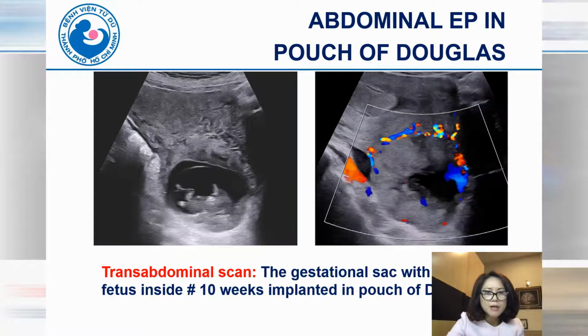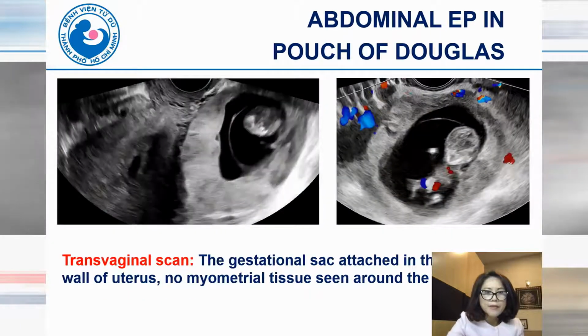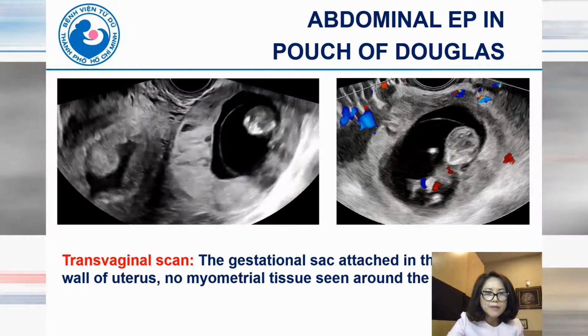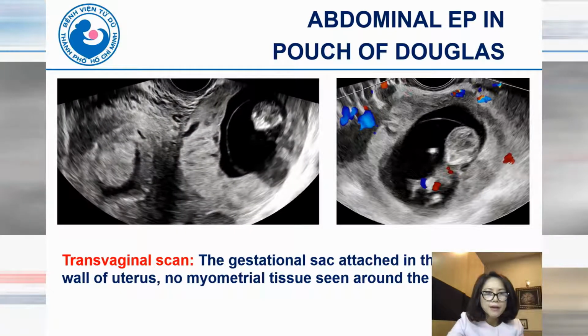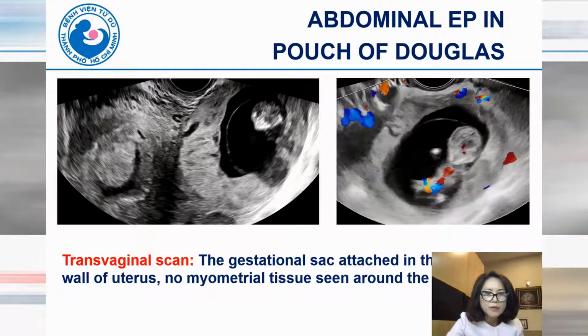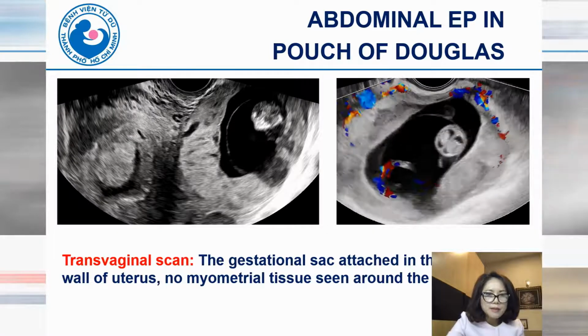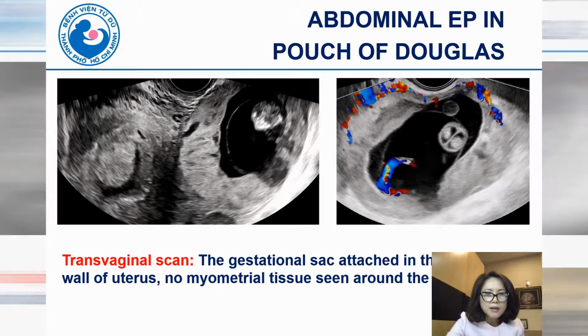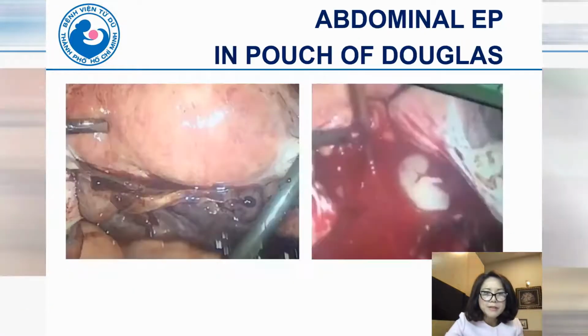It means it is in the pouch of Douglas. On the transabdominal view, you can see this is the uterus and this is the gestational sac, attached to the posterior wall of the uterus, and we do not see the myometrium around the gestational sac, so we think this is an abdominal ectopic pregnancy.